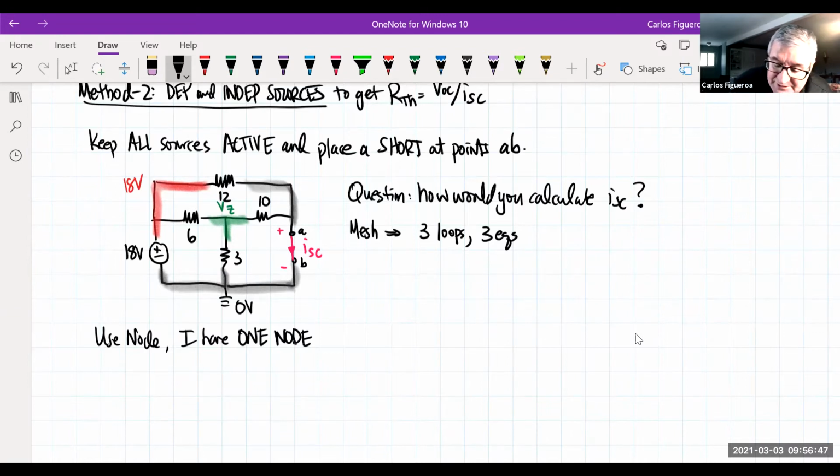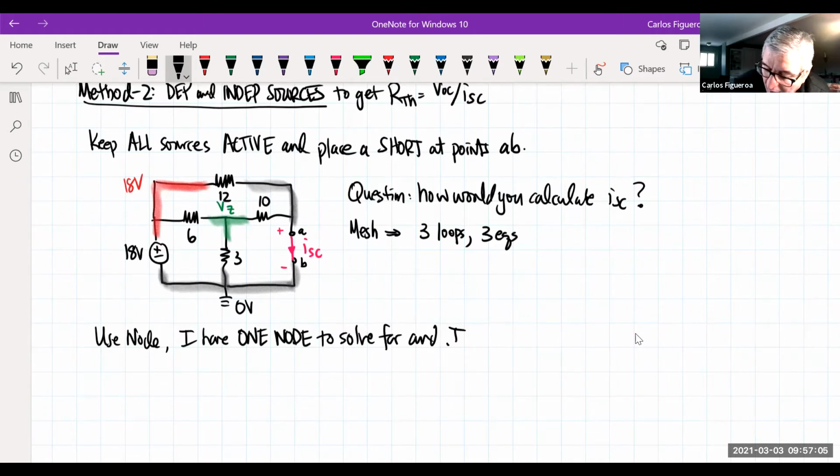I'm going to call this node at point A. I want to focus on that point A, and I have one node to solve for.